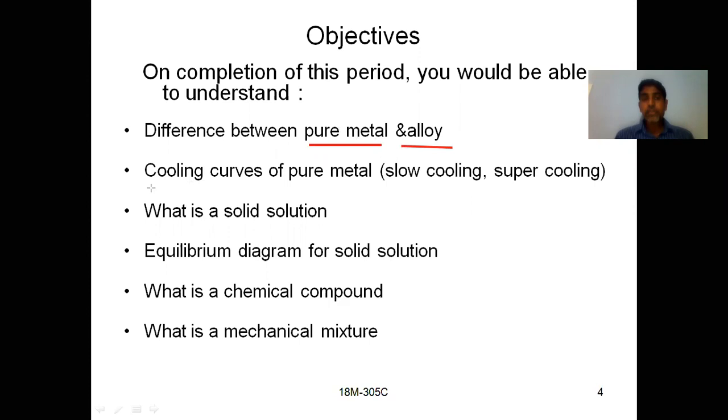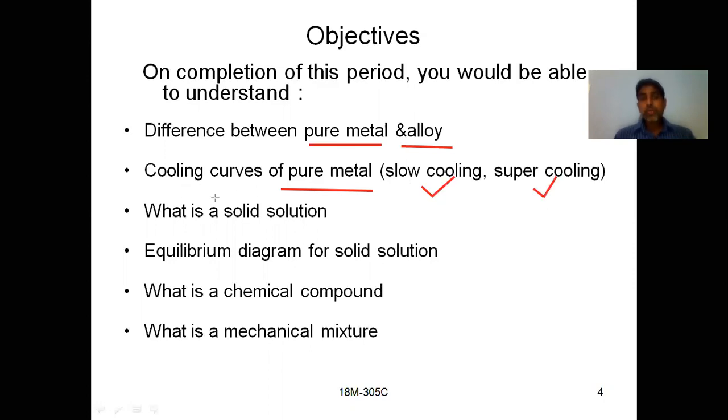Okay, and next we will go for the cooling curves, very important one. We will discuss the cooling curve for a pure metal with two categories, that is by slow cooling and by super cooling.